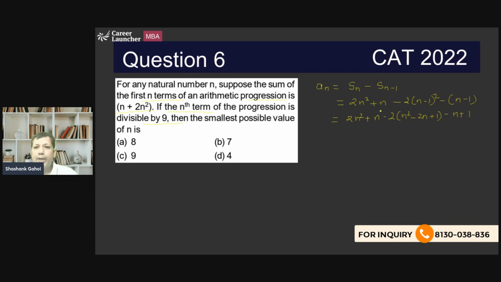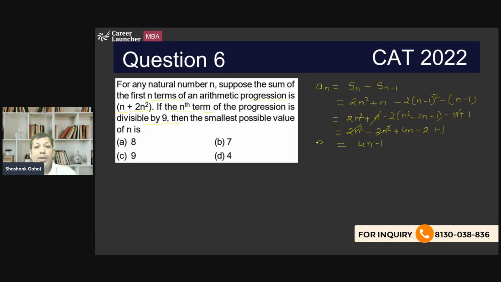So n and n cancel out. I'm going to get 2n square minus 2n square plus 4n minus 2 plus 1. 2n square cancelled out. So basically, I got the nth term as 4n minus 1.